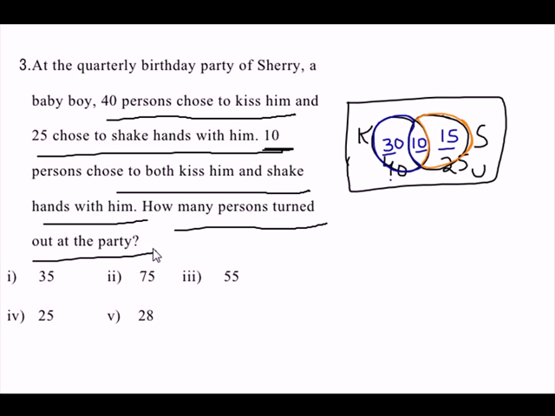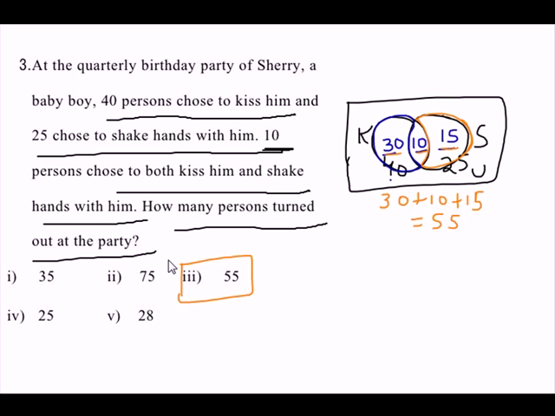So the people who turned out at the party would be people who either kissed or shook hands or did both. So essentially the sum of these three numbers, 30 plus 10 plus 15, which is equal to 55, which is the choice you have here.